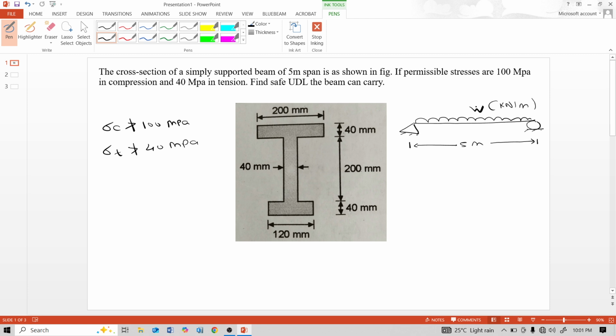The steps for solving this numerical are: first we find the position of the neutral axis, then the second moment of inertia, then we check safe stresses, and after this we equate bending moment with moment of resistance. Then we get this W. We will see this step by step.